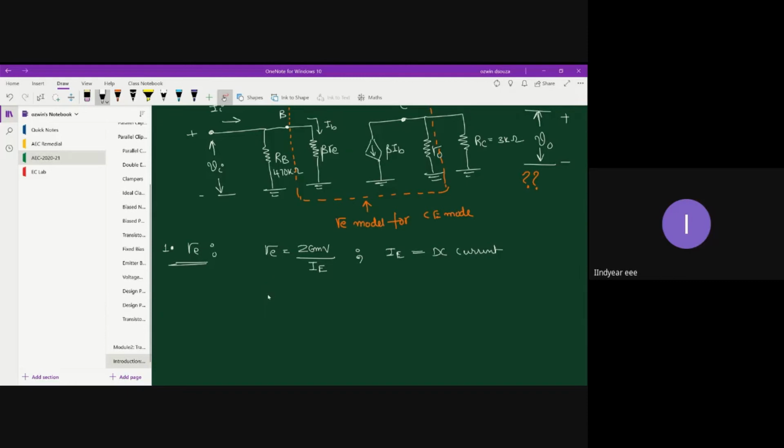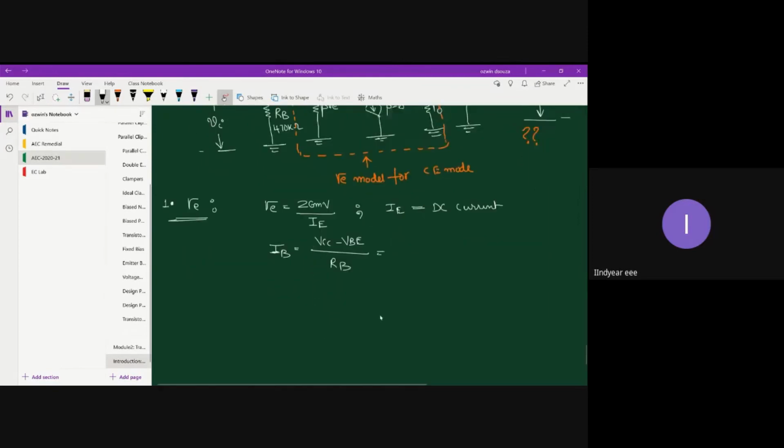You can find it provided you know the biasing circuit. We have already seen in module 1 that for a fixed bias circuit, the base current IB is VCC minus VBE divided by RB. Module 1 will not leave you until you reach module 5. Till module 4, you will be pulling concepts from module 1, module 2, and so on. So IB is this.